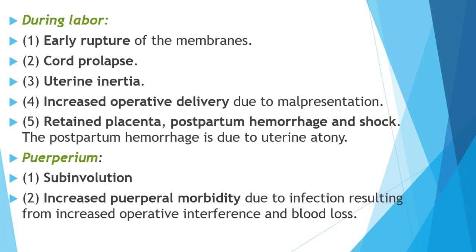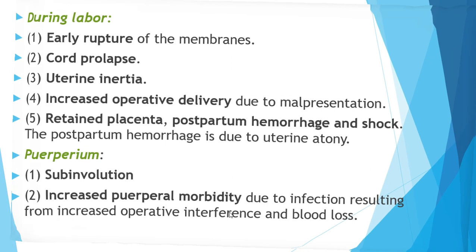That is subinvolution. Then increased puerperal morbidity due to infection resulting from the increased operative interference. Why does this morbidity happen? Because of polyhydramnios there is a greater chance of operative interference and blood loss, which may cause morbidity of the mother in the puerperium.